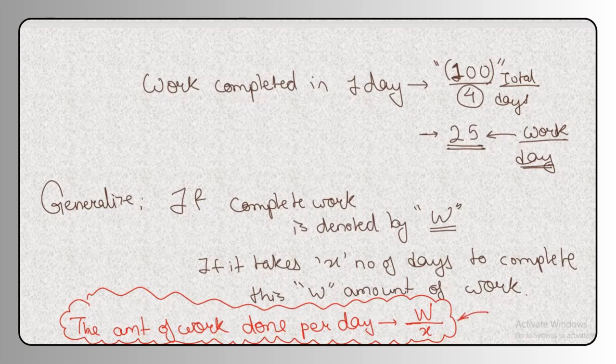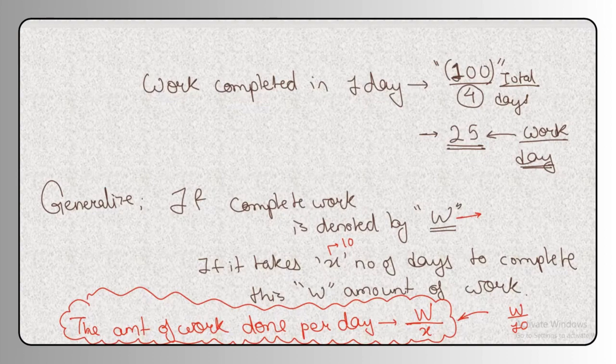So let's say the work was to, I don't know, decorate your house for a house party. Okay, so that is W. It took, let's say, 10 days to decorate the house for the house party. So the work done per day would be W upon 10. So 1/10 of the work was done per day. So 10 days together completed the complete work W. Okay, right.